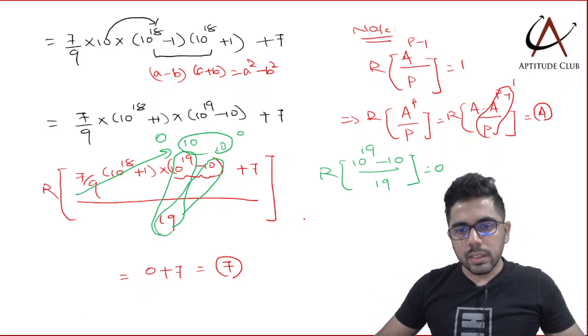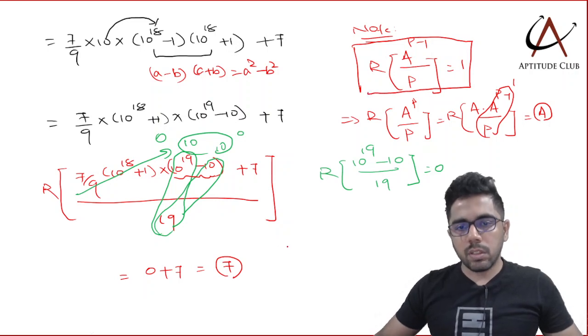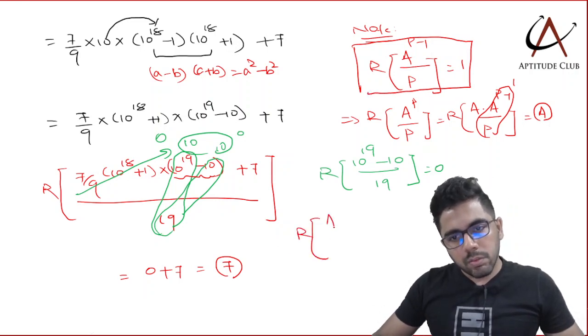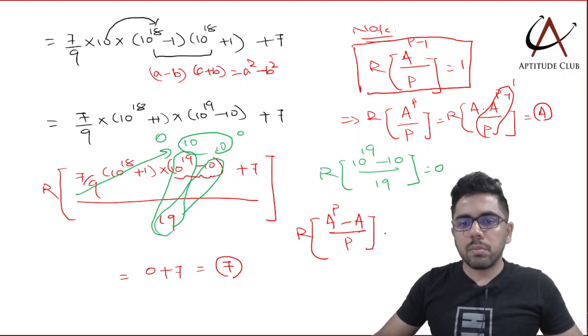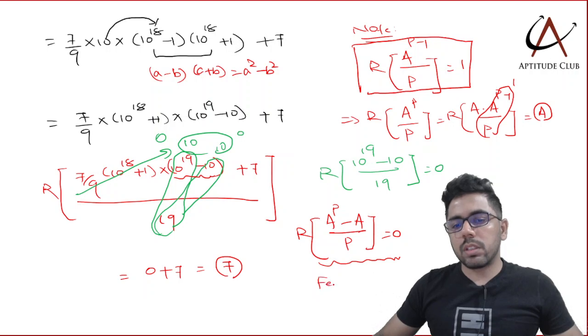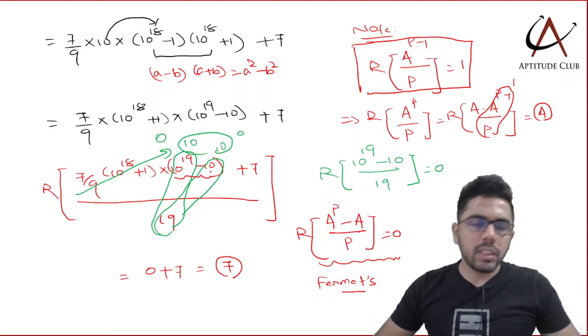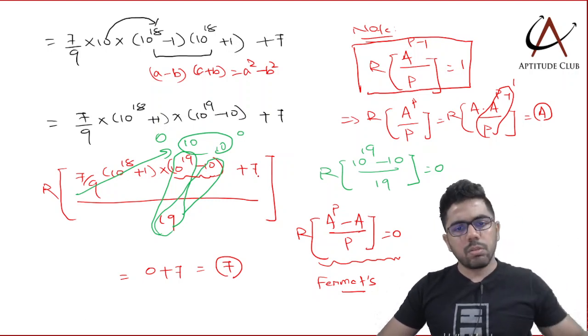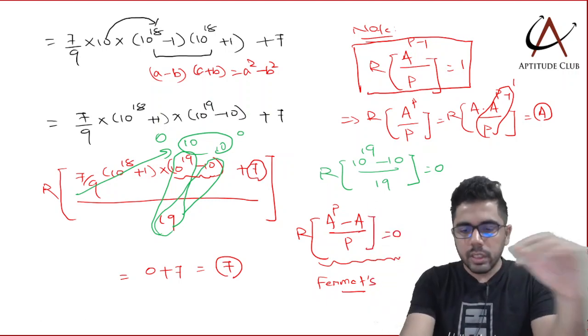You can generalize it this way: just as Fermat's theorem says the remainder of a to the power p minus 1 divided by p is 1, you can also write that the remainder of a to the power p minus a divided by p is 0. This is also another conclusion of Fermat. The same thing was used here: 10 to the power 19 minus 10 is divisible, so that part's remainder is 0, and only 7 is left. You don't have to remember this derivation at all, it is not needed.